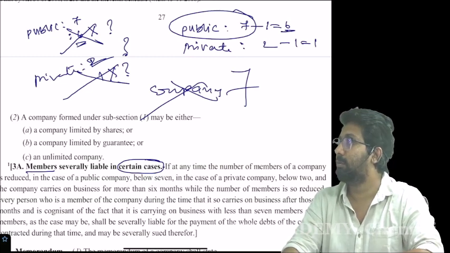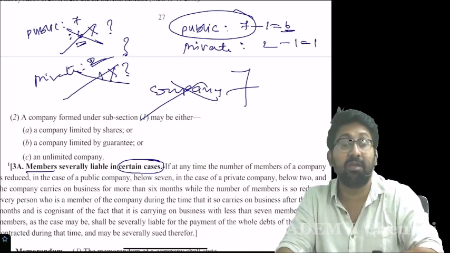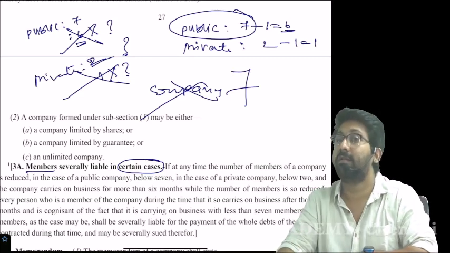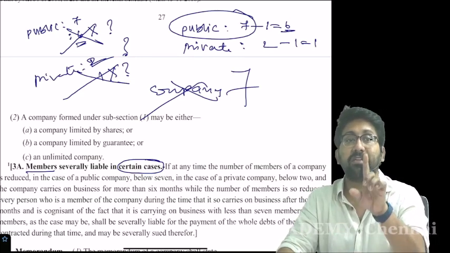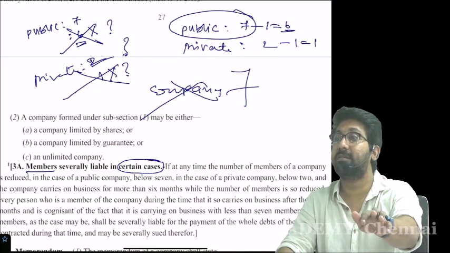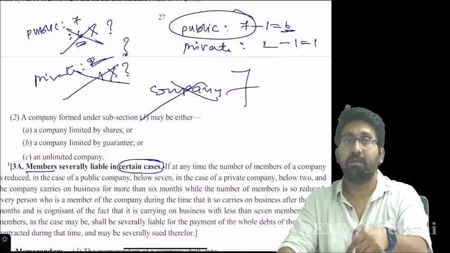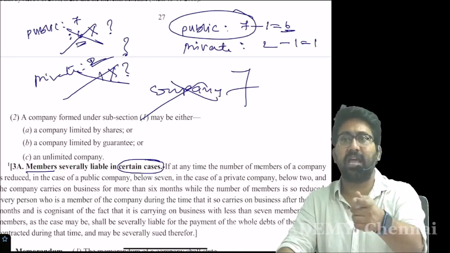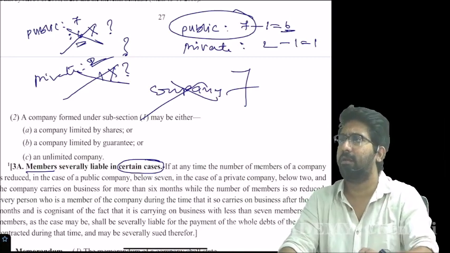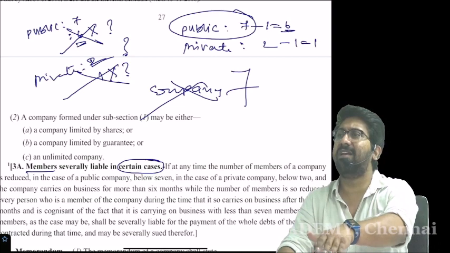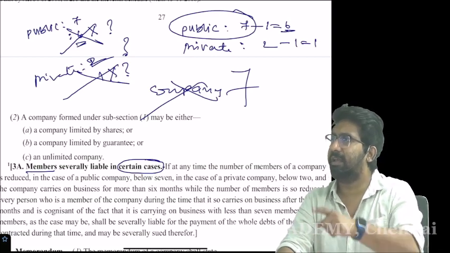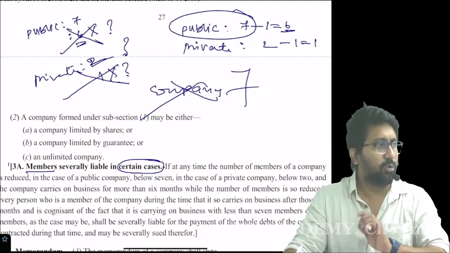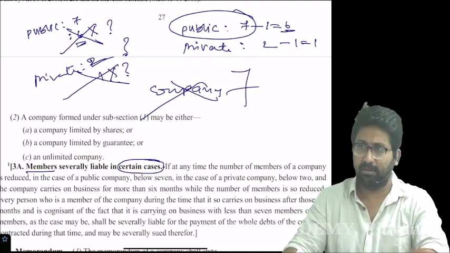I can call it a public company if there are 7, but how many are there? A private company when there are 2, but how many are there? So their companies are not at all a company. Valid entity or invalid entity? Why in the name of an invalid entity are you making transactions and business? If you do that, you become personally liable.